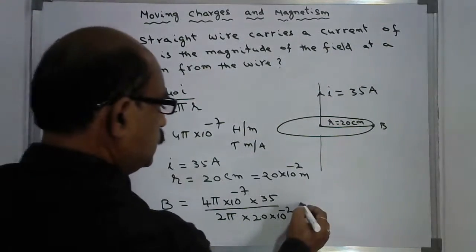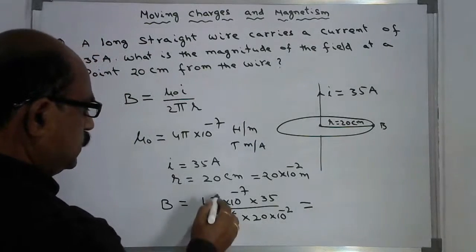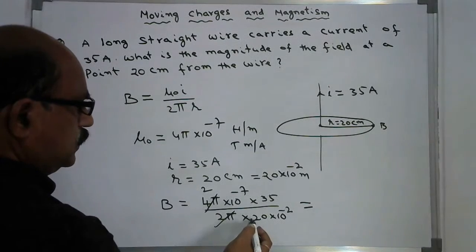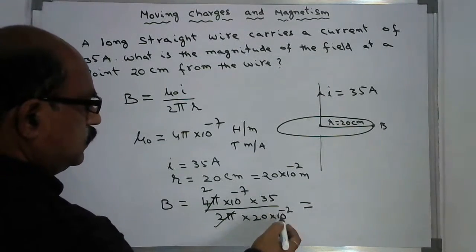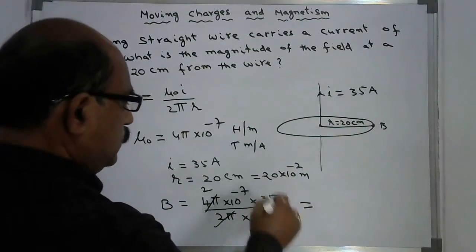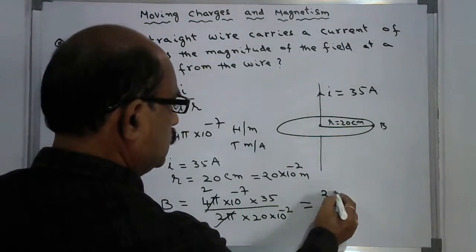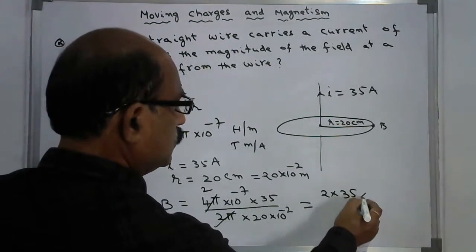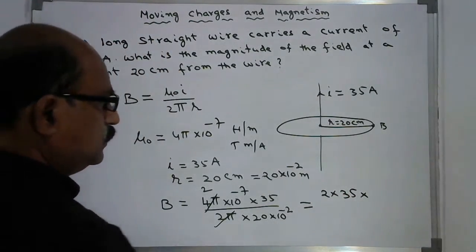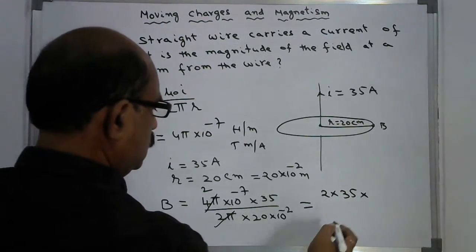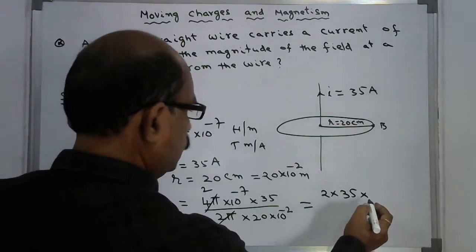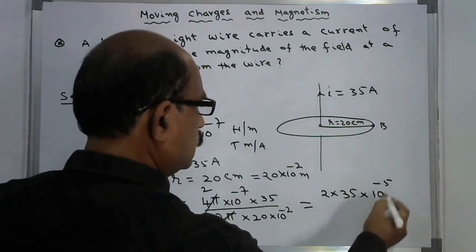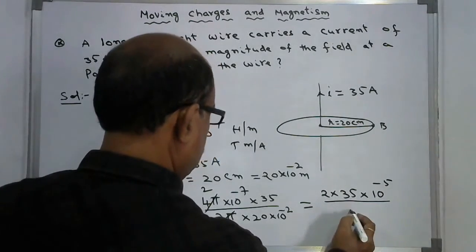Now if you simplify this, 2 pi cancels with 2 pi, and 0.2 becomes 10 power minus 2. So I write here 2 into 35 into 10 power of minus 5, whole by 20.